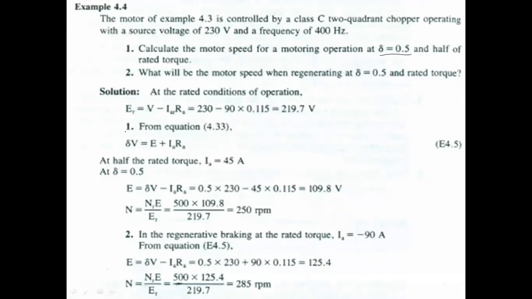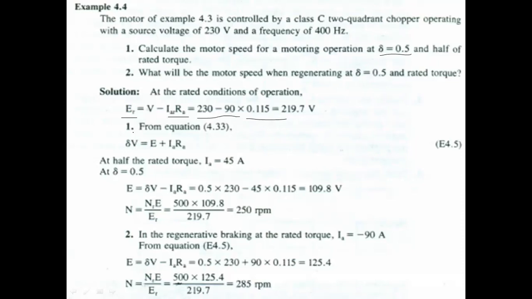First, at rated conditions of operation, we have to calculate ER. ER is equal to V minus IA RA, so 230 minus 90 into 0.115, which is equal to 219.7 volts.